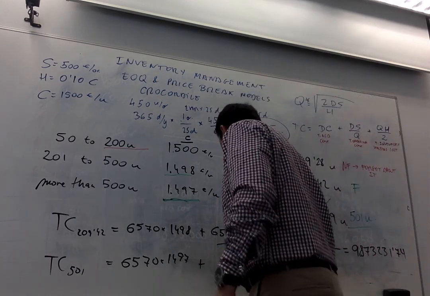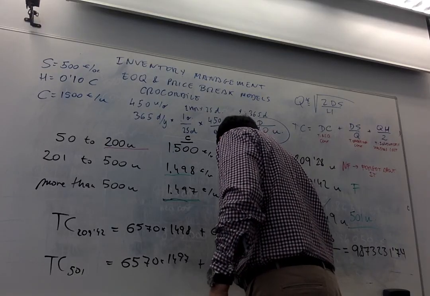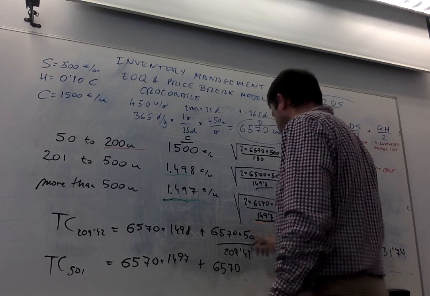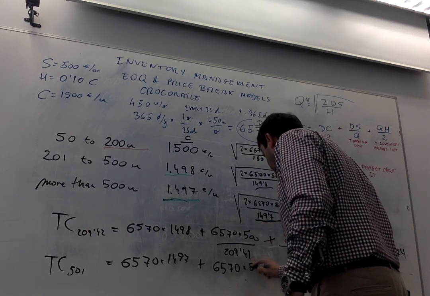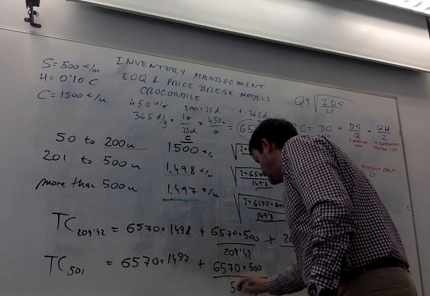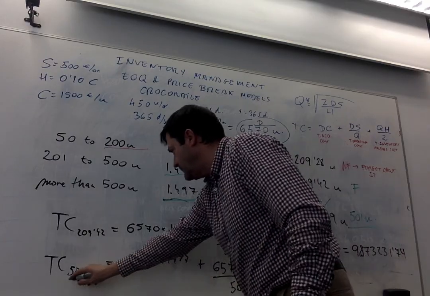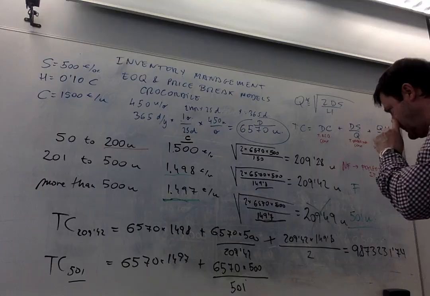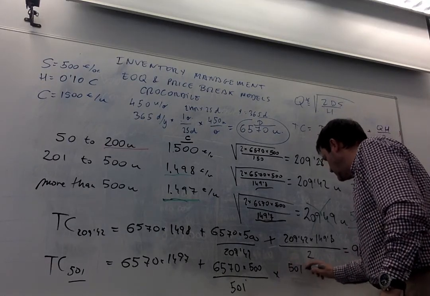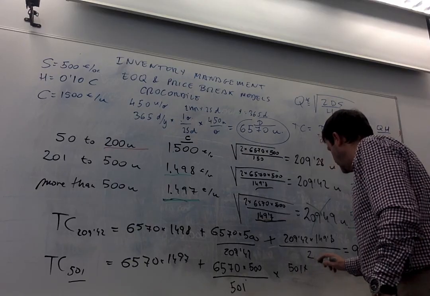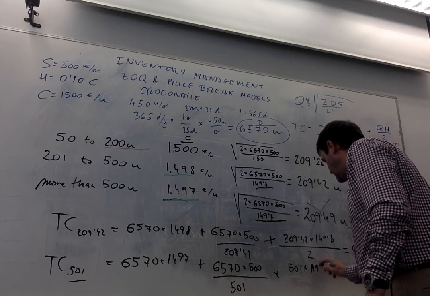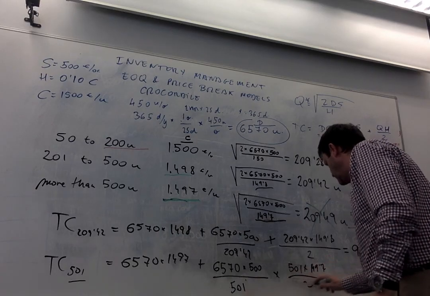Plus 6570. Here, 500 is the ordering cost divided by 501, that is the order size. Multiplied by the order size, Q, the inventory holding cost, that is this, now is this, 1497 divided by 2.